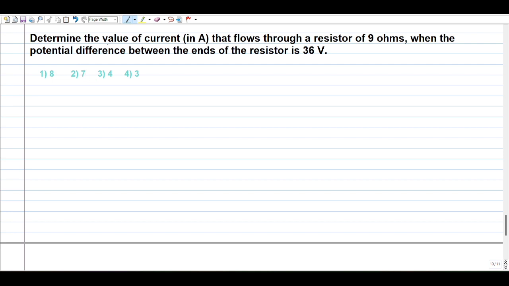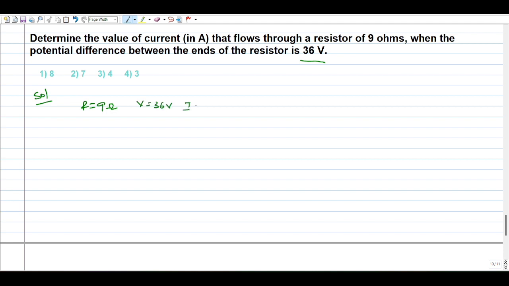Okay, I will solve the next problem. Determine the value of current in amps that flows through a resistance of 9 ohm when the potential difference between the ends is 36 volt. Since it is a direct question, using Ohm's law we can solve this in a short duration of time. Given R is equal to 9 ohm and the voltage is 36 volt.